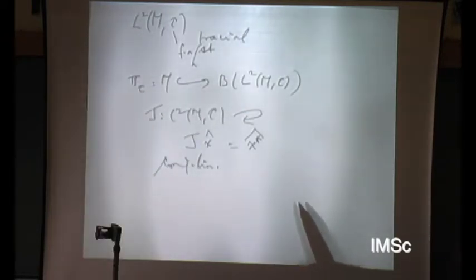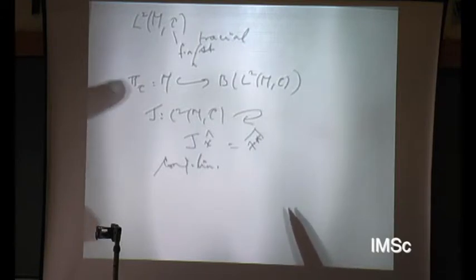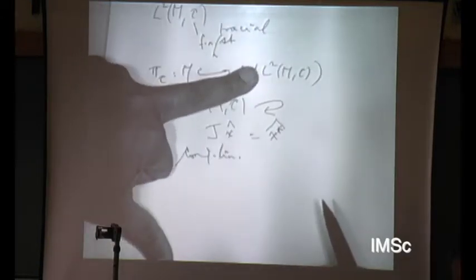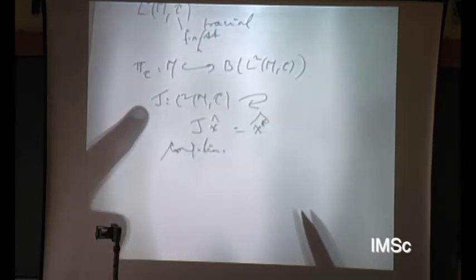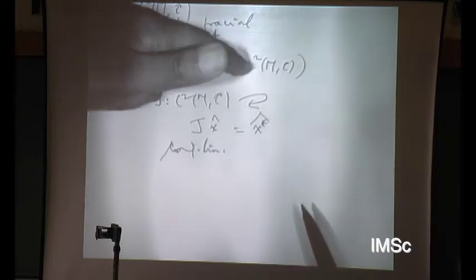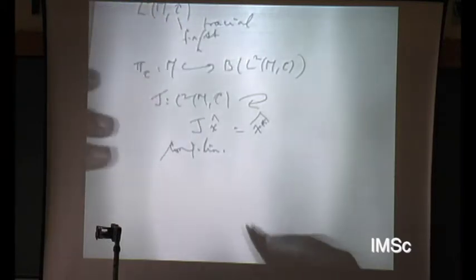So it extends to a bounded conjugate linear operator of the big Hilbert space, and because on this dense subspace this J is an involution, that is J squared equals identity, the same will persist even for the continuous extension to all of L2. Right?